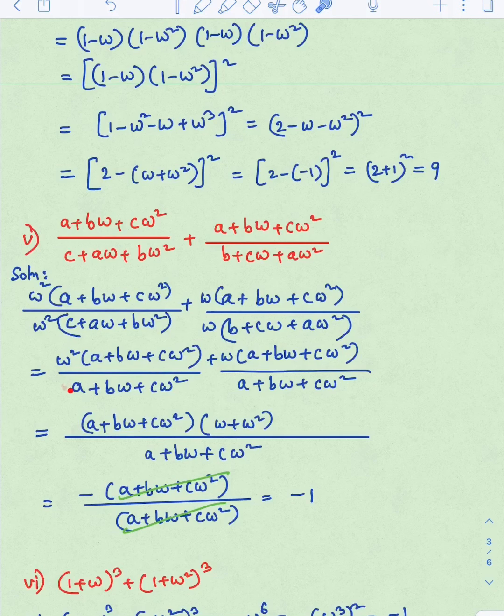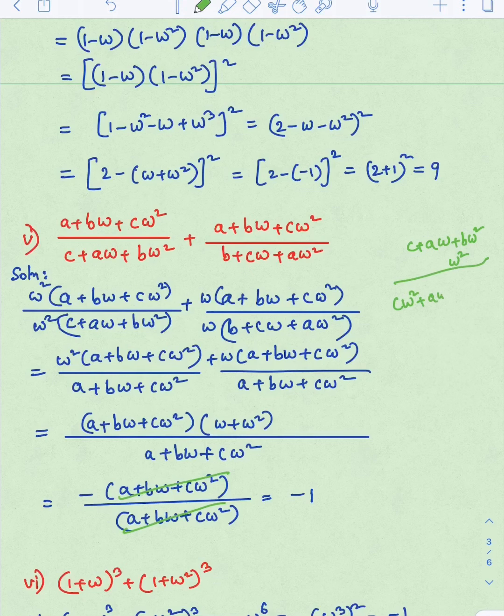I want to tell you this one again, how we got it. I will show you. There is c plus a omega plus b omega square here, and it is multiplied by omega square.